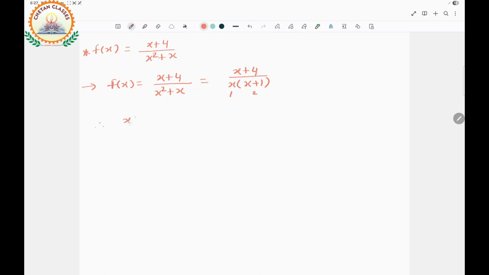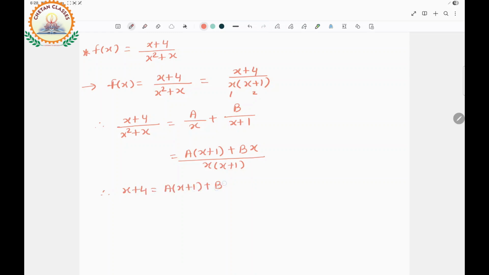So, we write x plus 4 upon x square plus x is equal to a upon first factor, that is x, plus b upon second factor, that is x plus 1. Cross multiply. So, a into x plus 1 plus b into x upon x into x plus 1. Now, equate the numerator. So, x plus 4 is equal to a into x plus 1 plus b into x.